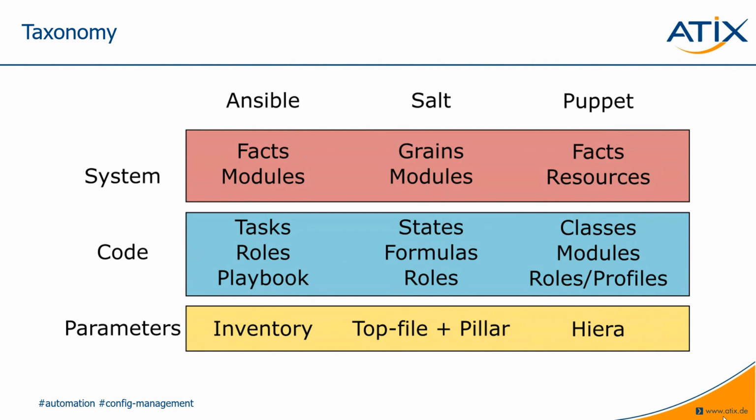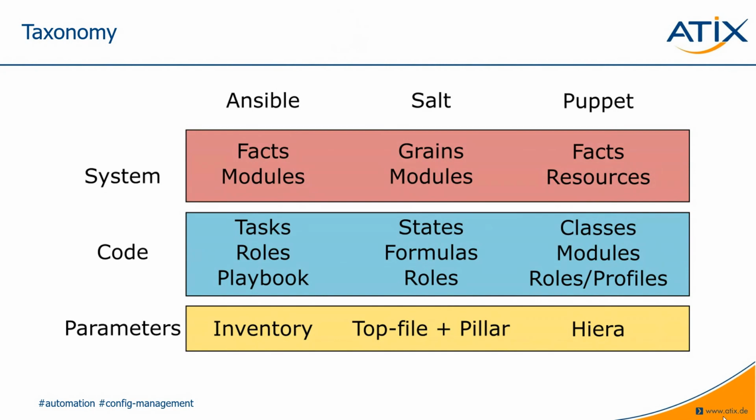So the inventory describes all your systems. In SaltStack, you have something called states, and a state is not exactly the same as a task in Ansible. It's something more similar to a role, or a state already consists of multiple tasks.